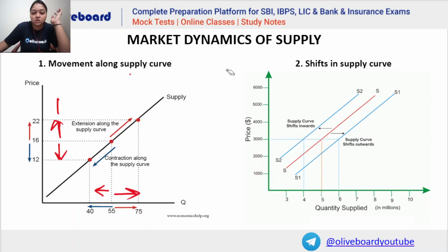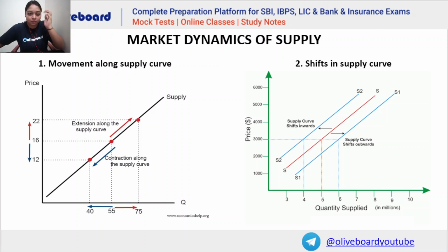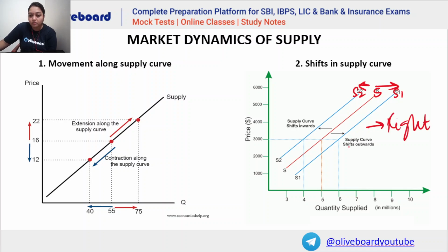It is a shift in the supply curve. Here it is the opposite of movement along the curve, because the entire supply curve is becoming a new one. S is the first supply curve, S1 is the second one, S3 is the third one. When the supply curve shifts towards the right, we say there is an increase in supply.